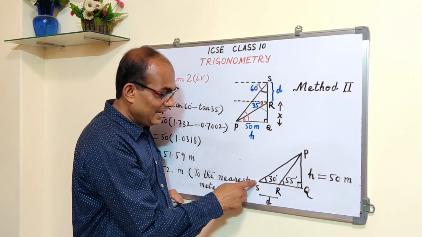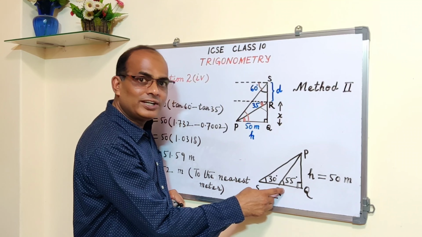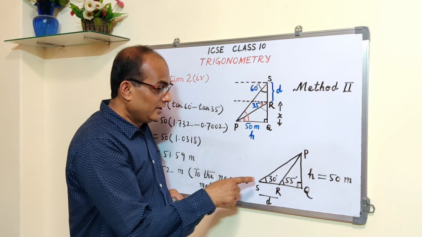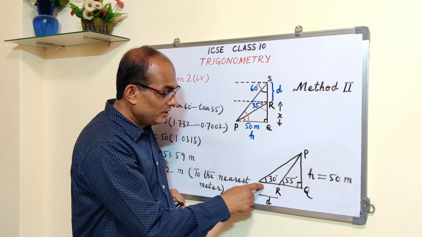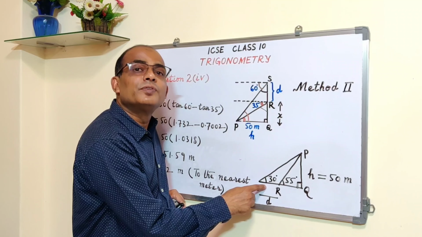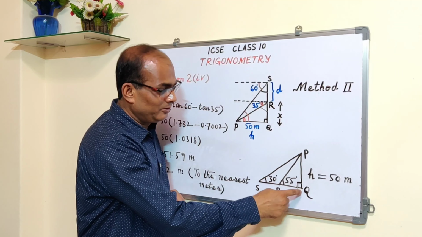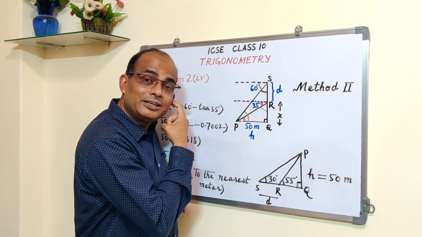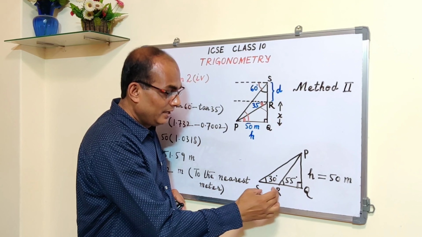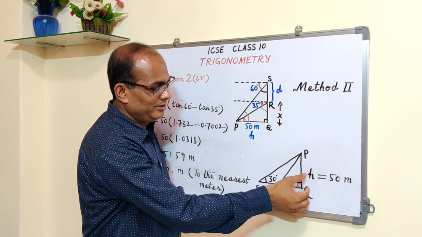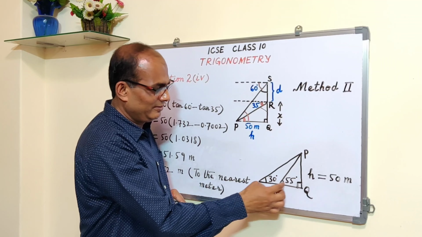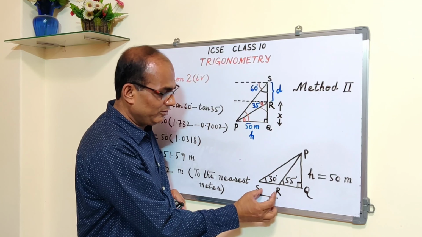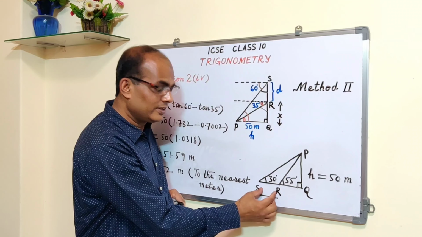One stone is at this position, one stone is at that position, and the question is to find the distance between the two stones. Or suppose they are two boats in a river, and there is a pole at the bank of the river, and all these measurements are given. The height of the pole is given, and the angles are given. Then you find the distance between the two boats.